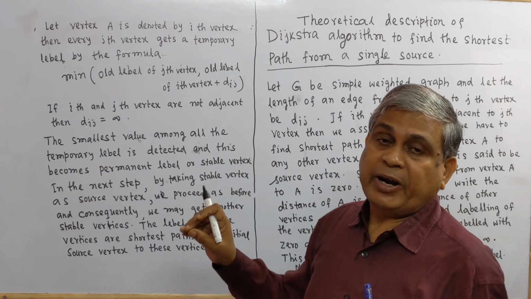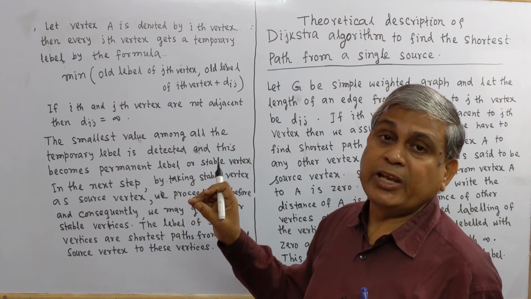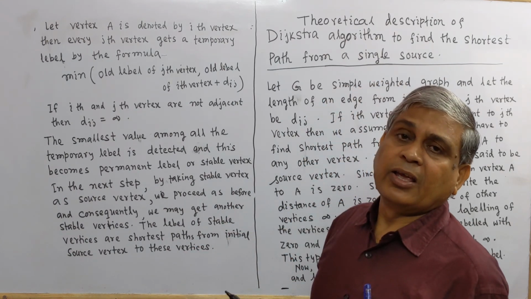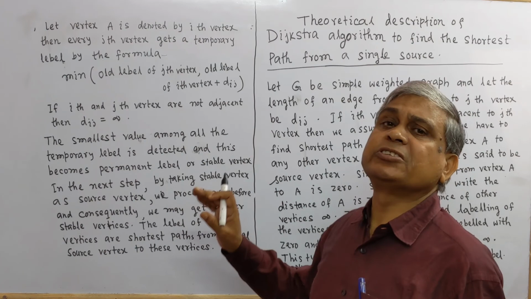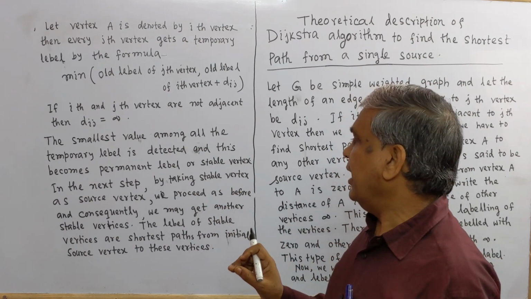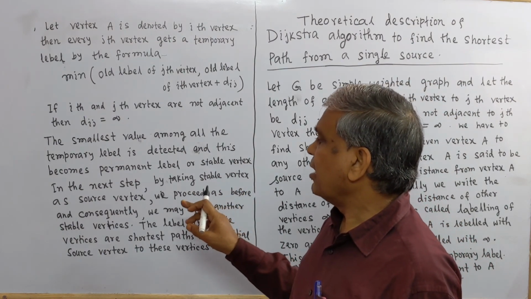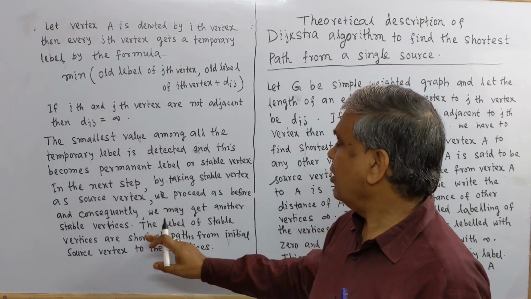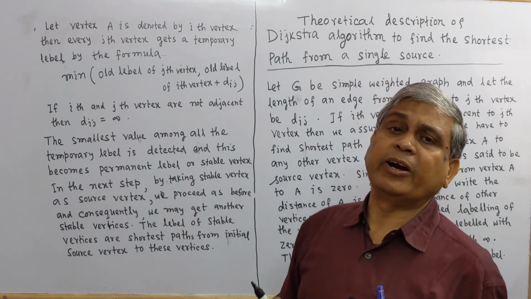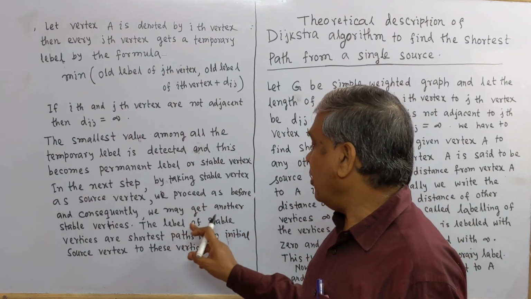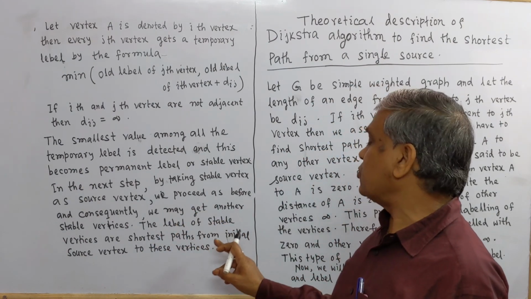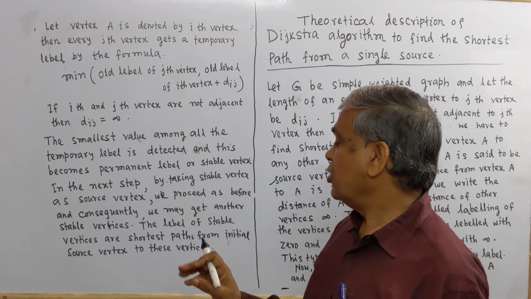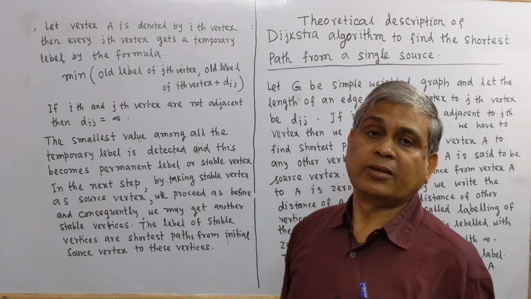Now the vertex which has the minimum value of the level becomes the source vertex. This is called the secondary source. And we proceed as before and consequently we may get other stable vertices. The levels of the stable vertices are the shortest paths from the initial source vertex to these vertices.